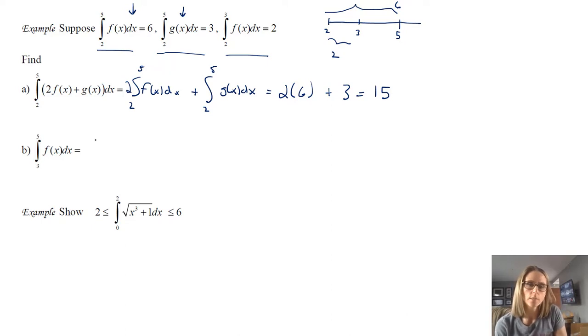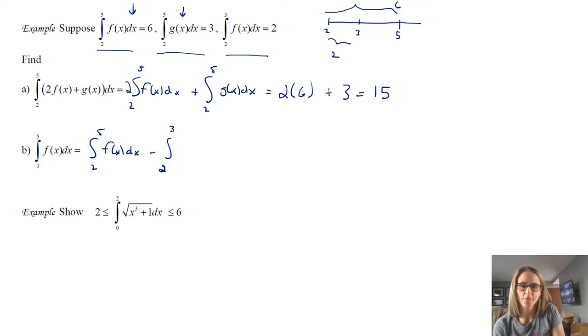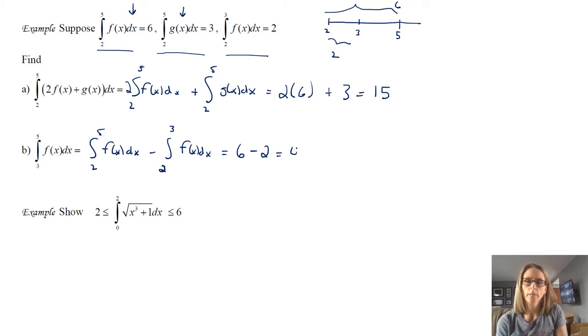So this is going to be from 2 to 5 of f of x dx, but we're going to have to subtract the integral from 2 to 3 of f of x dx. And that's going to give us the 6 minus the 2, and we get 4. So again, just using what the properties are equal to.